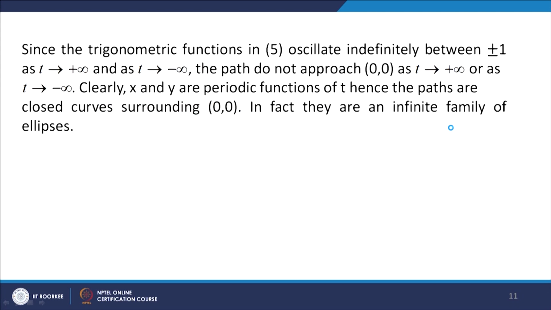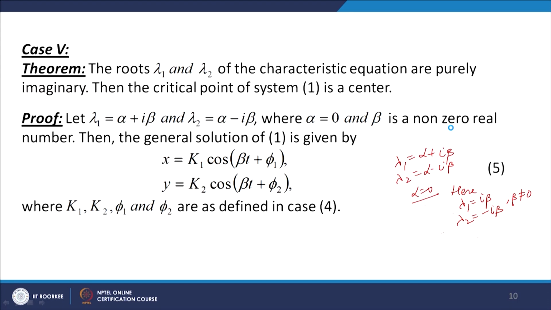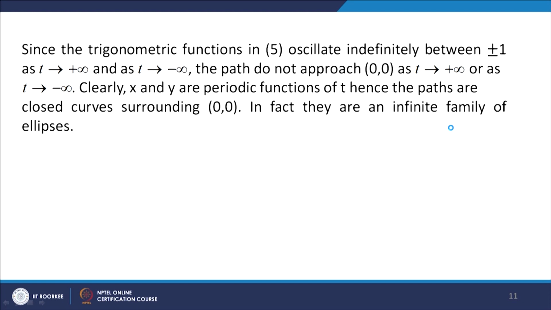Now let us look at the trigonometric functions in 5. When you expand this, you have cos(beta t) cos(phi 1) - sin(beta t) sin(phi 1). So cos(beta t) and sin(beta t) are trigonometric functions, and therefore they oscillate indefinitely between plus 1 and minus 1 as t goes to plus infinity and as t goes to minus infinity.